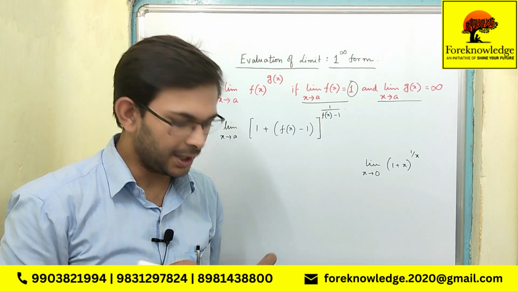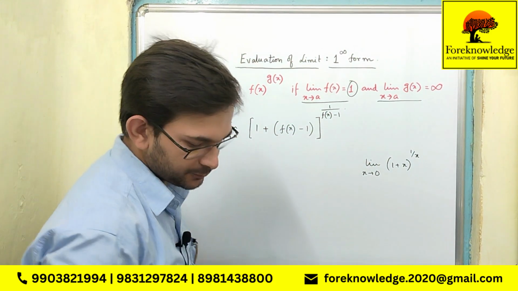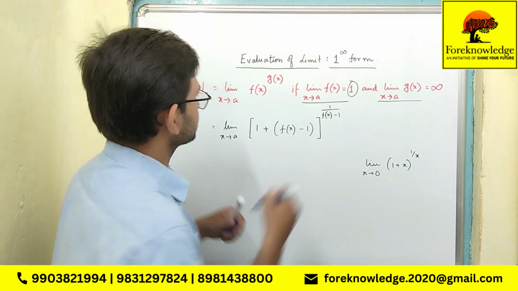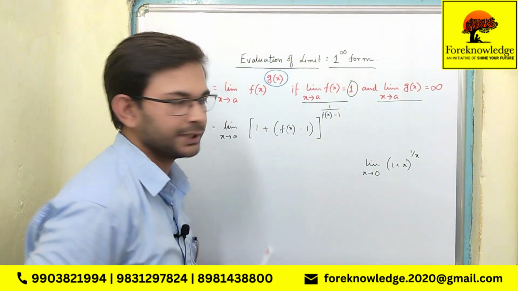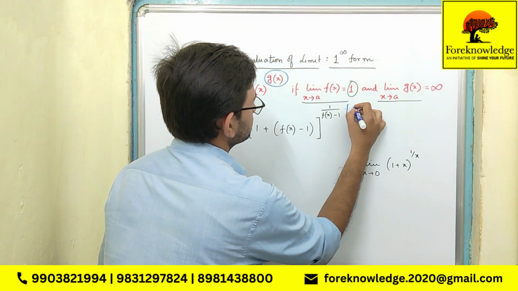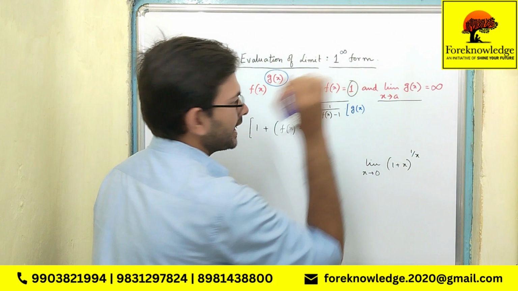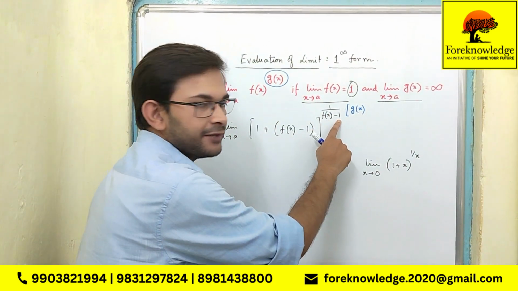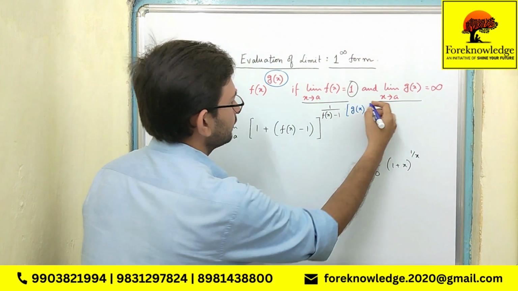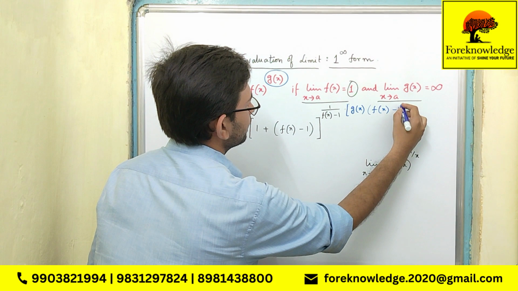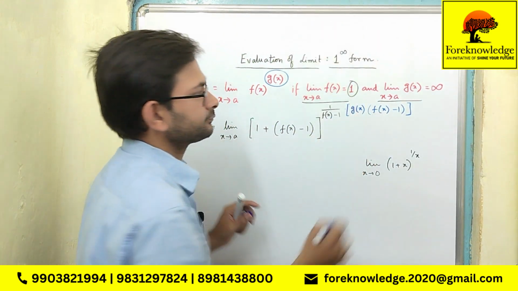Now already in the exponent there was a g(x). So this g(x) will be as it is, and in order to balance this 1 by (f(x) minus 1), we have to multiply (f(x) minus 1).